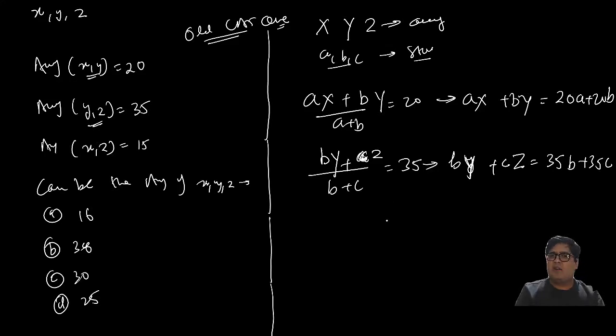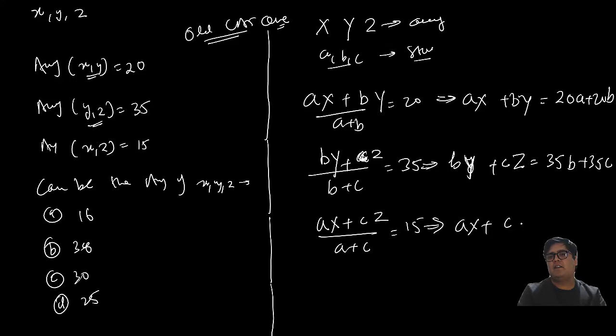From the last one, I'll do the same thing. I'll write this exactly the same. aX plus cZ upon a plus c is equal to 15, which gives me aX plus cZ is equal to 15a plus 15c.